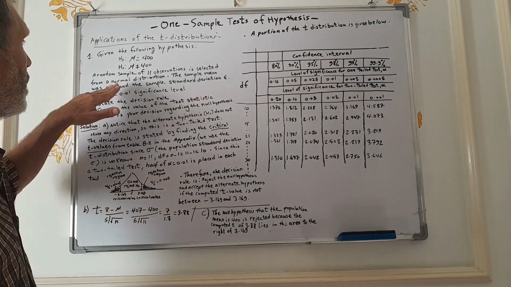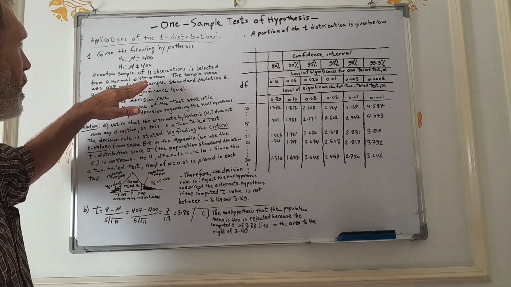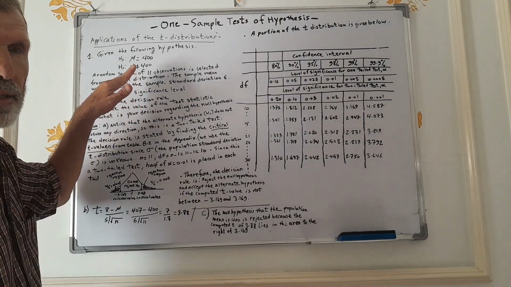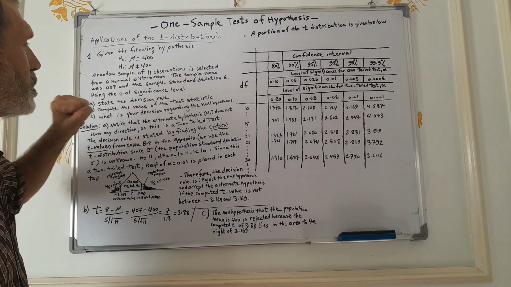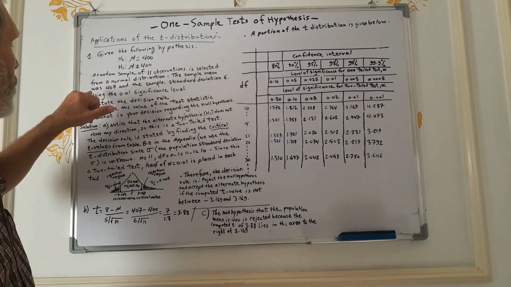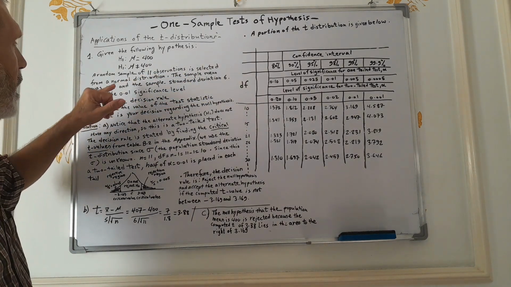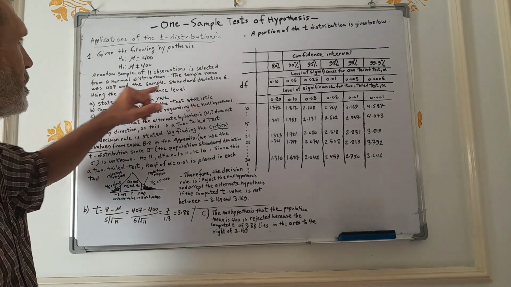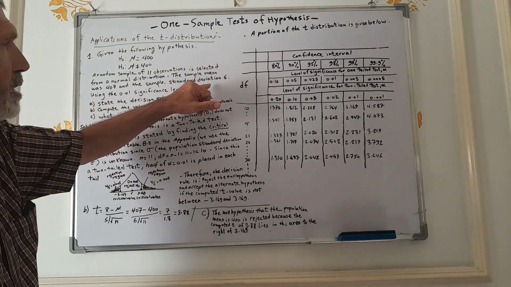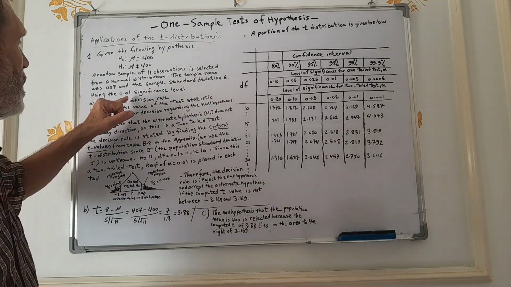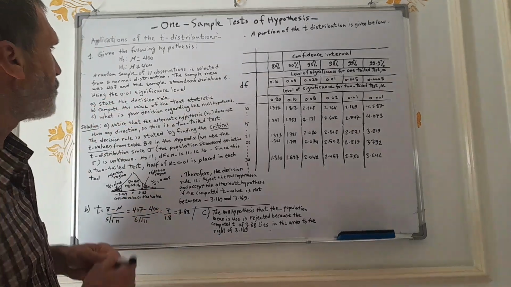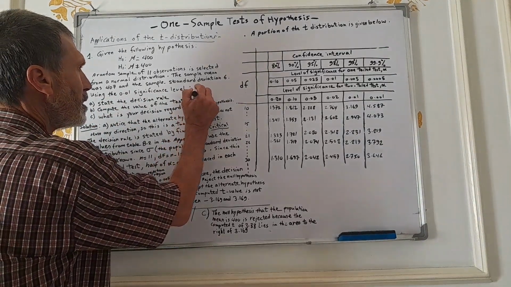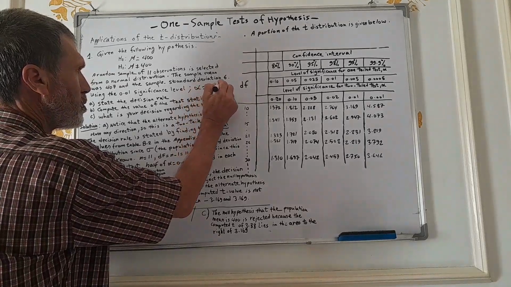So here we have a sample of size 11 observations selected from a normal distribution. The sample mean was 407 and the sample standard deviation 6. Okay, great. Using the 0.01 significance level as alpha, therefore here alpha is equal to 0.01.